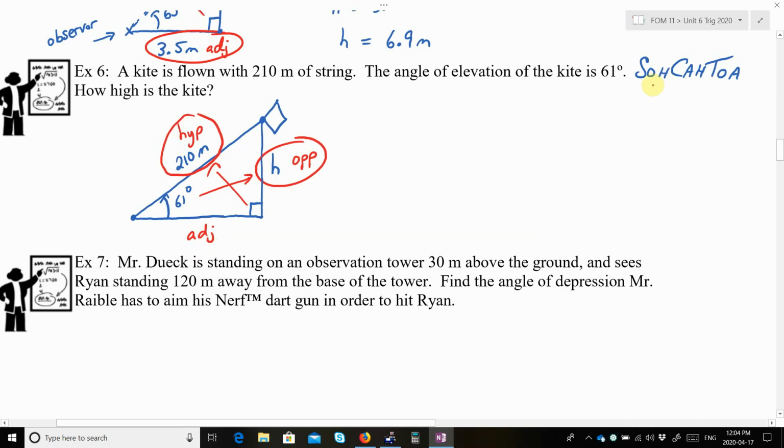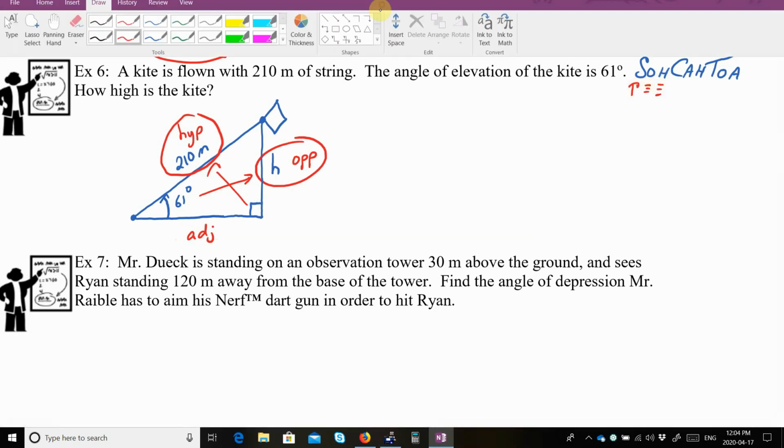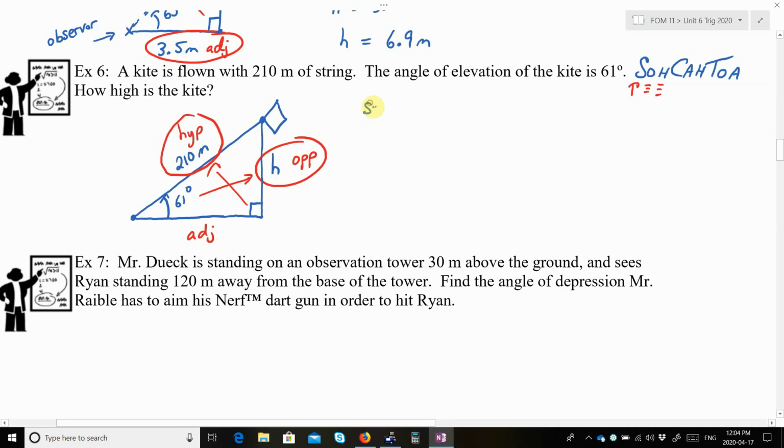Opposite and hypotenuse, that comes from sine. Sine of 61 degrees is equal to opposite, h, over hypotenuse, 210 meters.